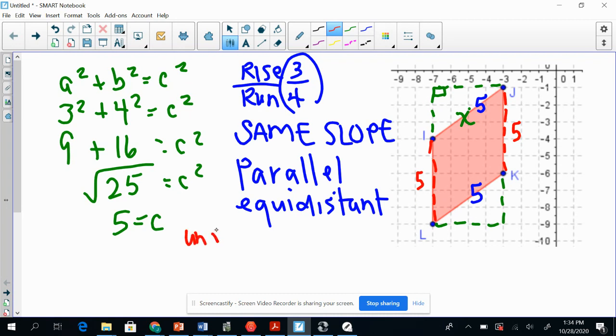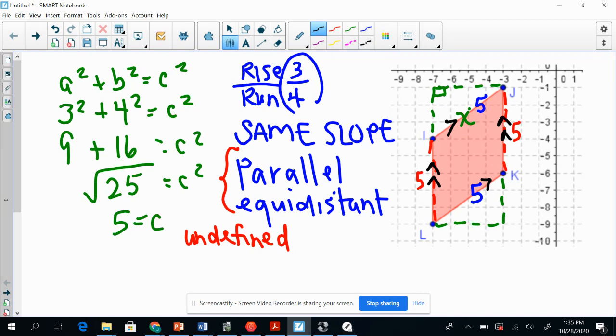So since they're both undefined and they're both 5, then they're both parallel and equidistant as well. So as far as marking the quadrilateral, you can mark this side and this side, and this one and this one, and those arrows are marking parallel. And because there's a 1 and 1, a 2 and a 2, that means they're congruent. So at this point, you've proven enough to say this is a parallelogram.